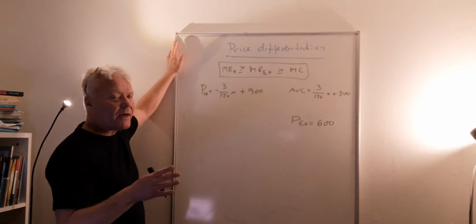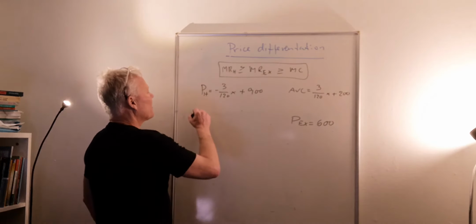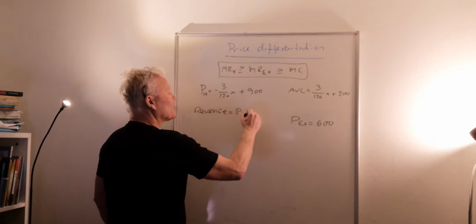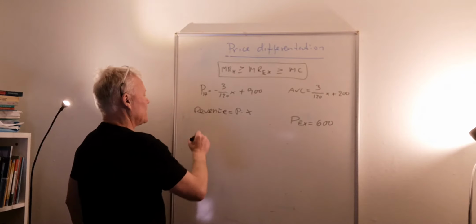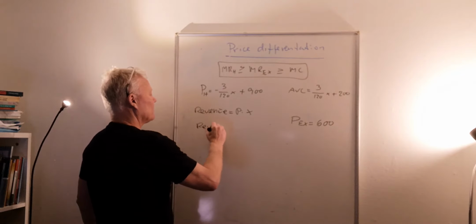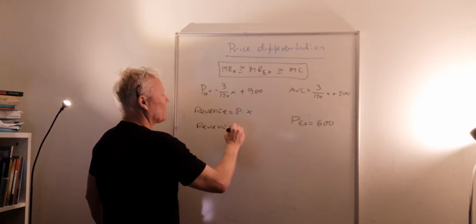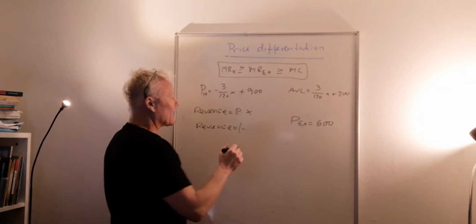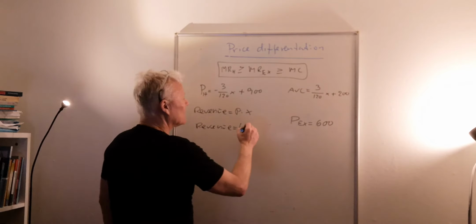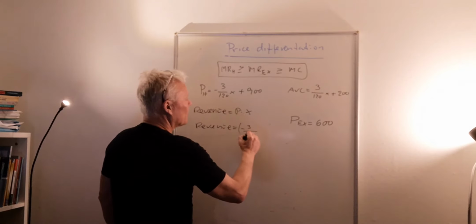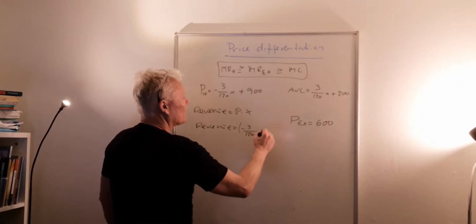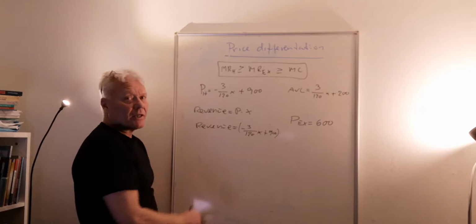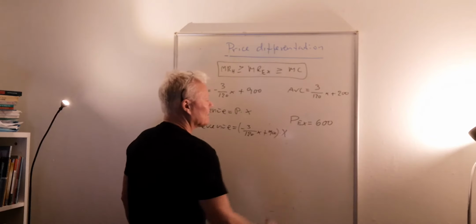To be able to find the revenue function, we say that the revenue is equal to price times x. So in this case, we have the revenue where we have the price, and this is the price, minus, put brackets around it, it's easier to understand then, 3 on 120 x plus 900, and then you multiply everything within the brackets by x.